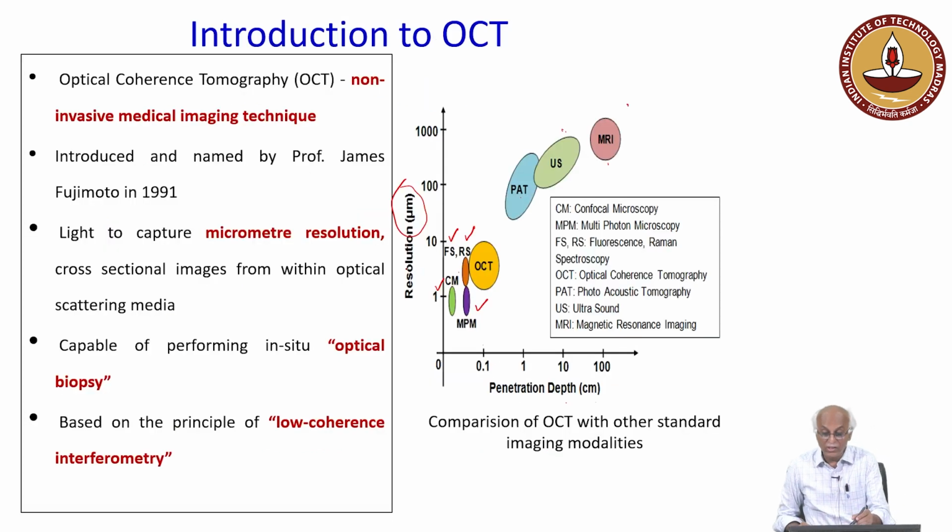So, the resolution mentioned here is axial resolution, the depth direction where the light is propagating and we are seeing the reflected or scattered signal. So, this resolution provides axial information, depth information, the minimum thickness.